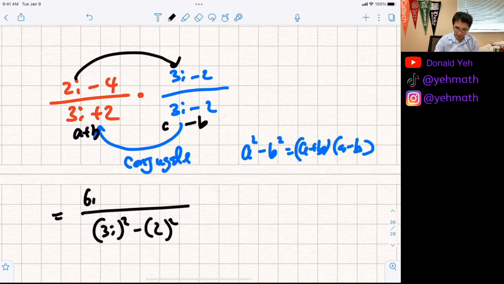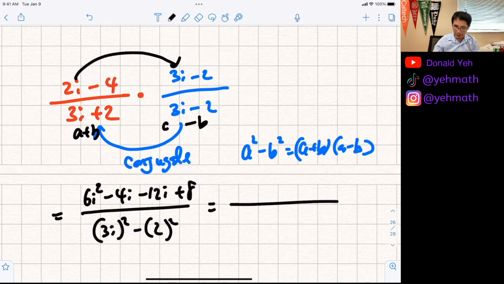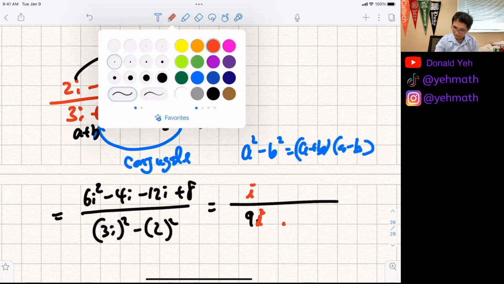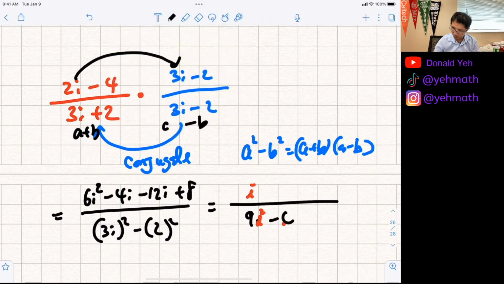That's going to give you 6i squared minus 4i minus 12i plus 8. 3i squared, that means both go in the square, so it'll be 9i squared. Instead of i squared, I'm going to write in red, hey, i squared and i squared here. And minus 4 here.